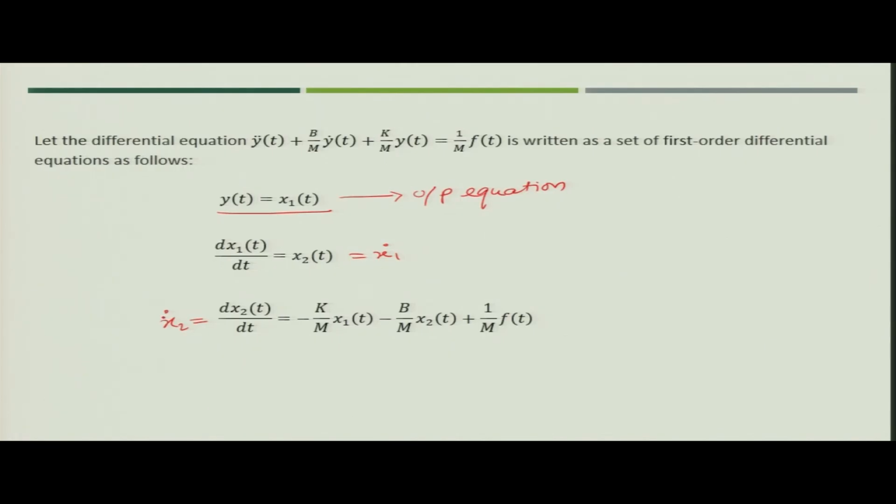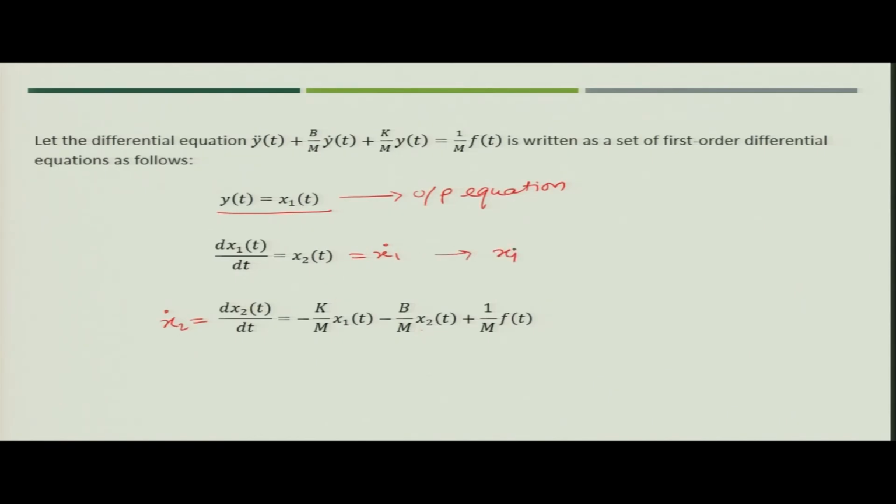So, what you can write? x2 dot is nothing but equal to minus k by m y(t), which is nothing but x1, so you write x1, minus b by m y dot, so y dot is nothing but x2, plus 1 by m f(t). So, what you have got now?